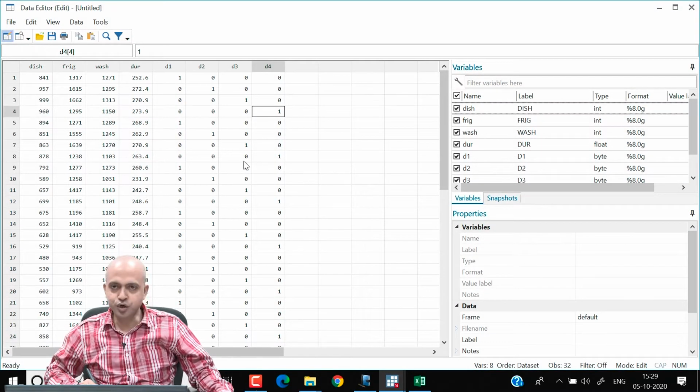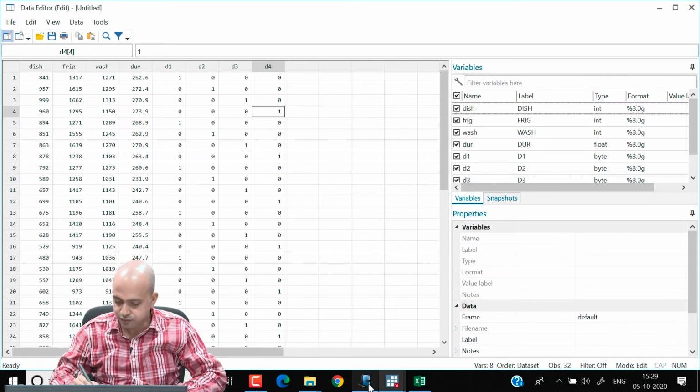So in this model, I have no other quantitative covariates, only this. So I will write the X matrix only in terms of the coefficient alpha, that means the intercept, and this part D1, D2, D3, and D4. Right?